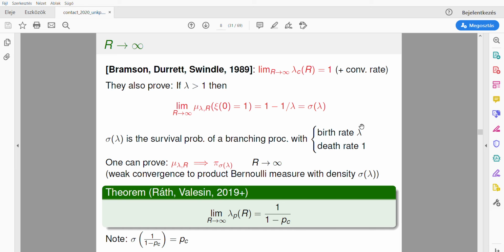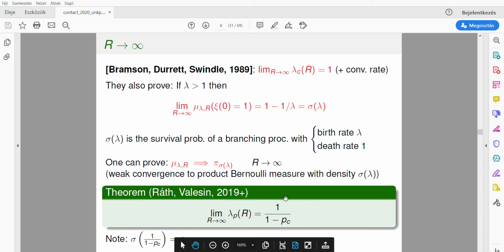So here is the main result of our paper, finally. It says that if you look at the percolation threshold of the upper invariant measure, then this percolation threshold converges to some limit as r goes to infinity, quite similarly to the result above, just the value is different.